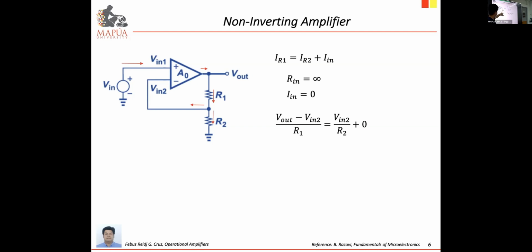The voltage at this point is defined in this schematic as our V in 2. So you have V out minus V in 2 divided by R1, equal to, for the current along R2, the voltage drop across R2 divided by resistance 2. So you have V in 2 minus 0 divided by R2, so we have V in 2 over R2.